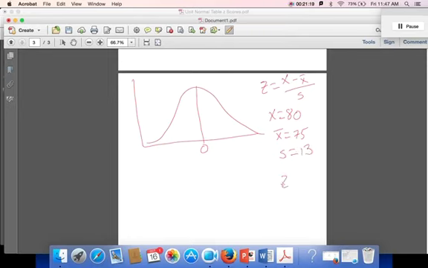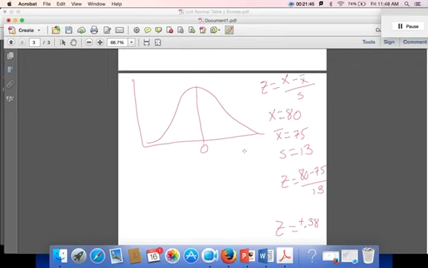So here my z-score for my minimum value in this case is 80 minus 75, divide that by a value of a 13. So 80 minus 75 is a value of a 5. Divide that by a 13 gives me a z-value equal to positive 0.38 in our particular case.